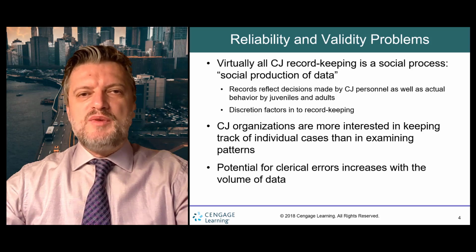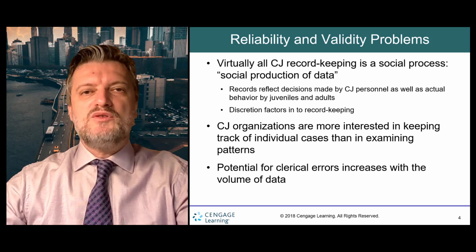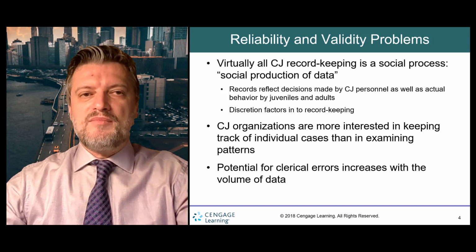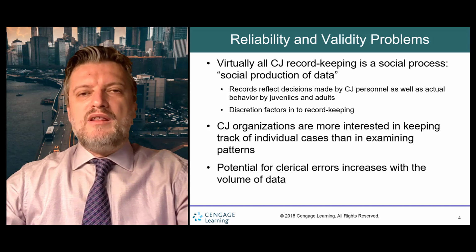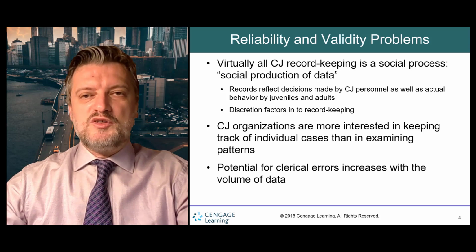Researchers must be especially attentive to possible reliability and validity problems when they use data from agency records. Key to evaluating the reliability and validity of agency records, as well as the general suitability of those data for a research project, is to understand as completely as possible how the data were originally collected.